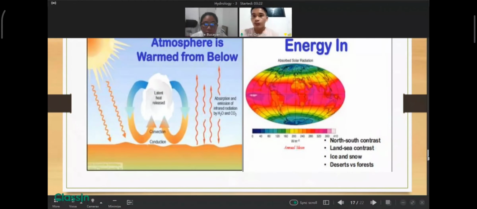So, sa mga nakita sa picture, diba, merong red, yellow, and green. So, sa red side is ito yung heat na ina-absorb. Ibig sabihin sa mga equator, diba? Equator. So, sila yung mga country or mga places na maiinit.